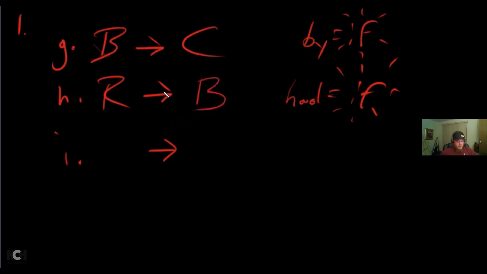And then finally here, I. As long as it's fair, I'm going to win the job. So the as long as also means, in this case, if. So as long as it's fair, if it's fair, then I'm going to win the job. That's what this one would be.